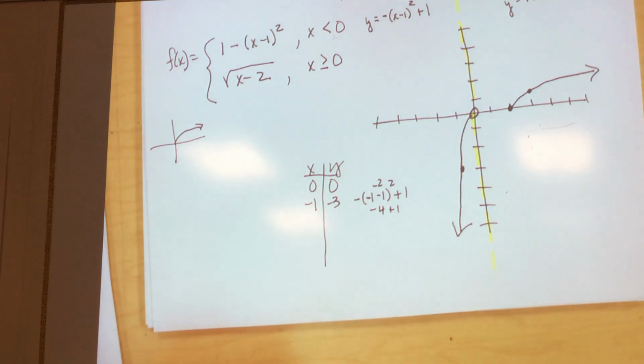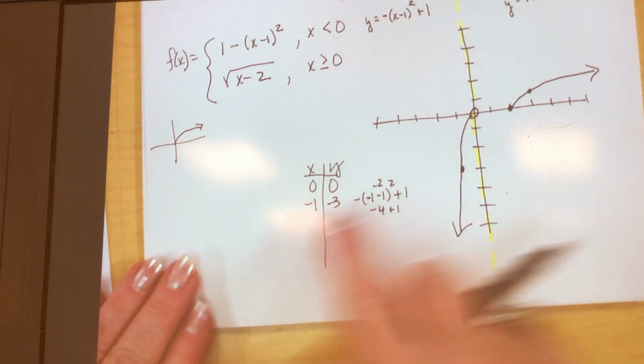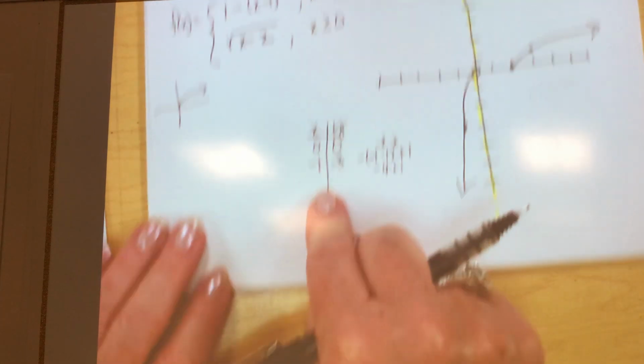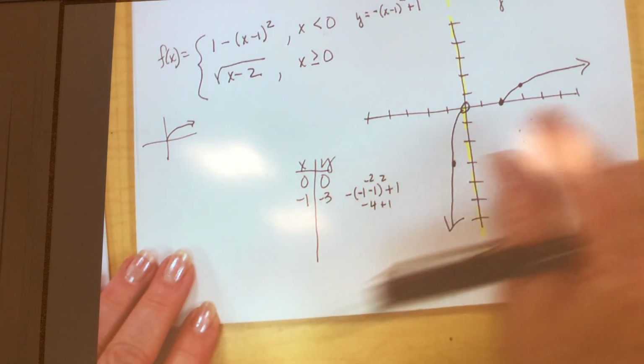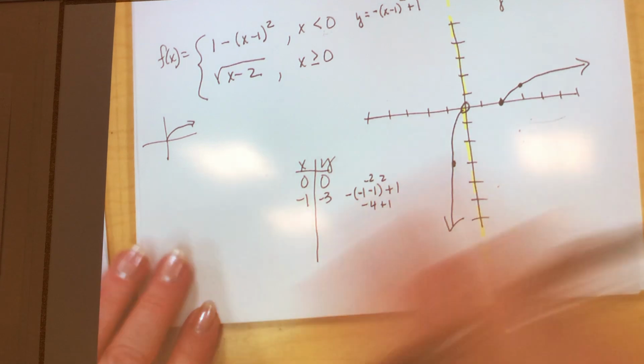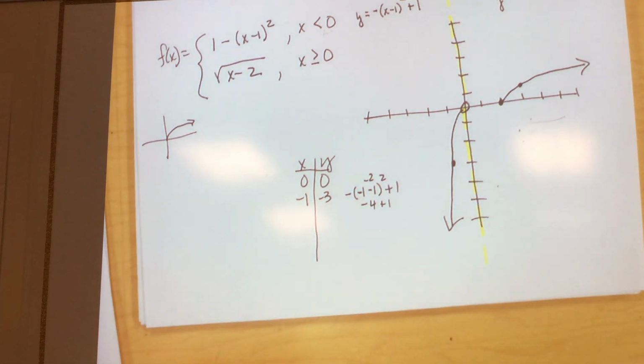On the test, do we have to label each tick mark, or like every 5 of them? You have to have 2 points in this section and 2 points in this section. No, he means tick marks on the graph.